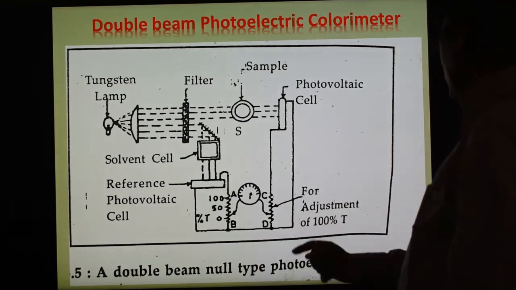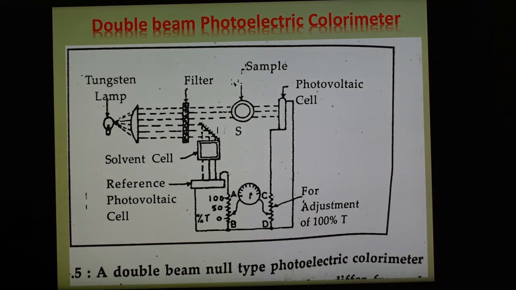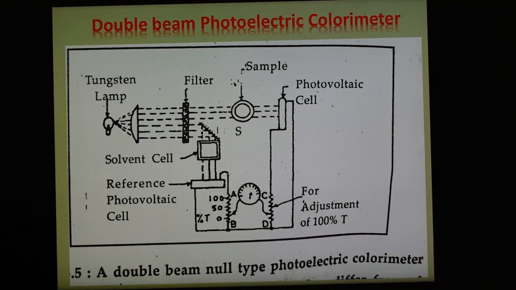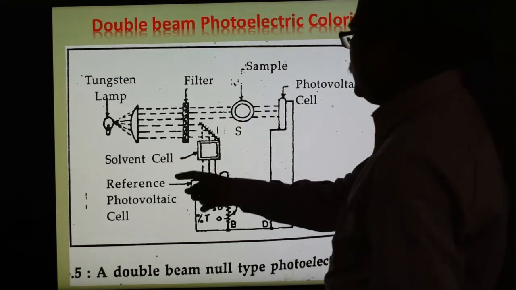We have to adjust the knob of 100% transmittance, and after adjusting we get the percentage transmittance or the absorbance of the solution. So this is the arrangement: two solutions are used, one sample solution and one reference.